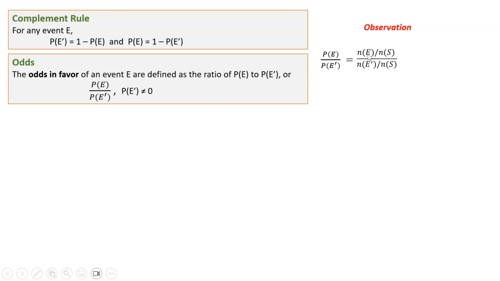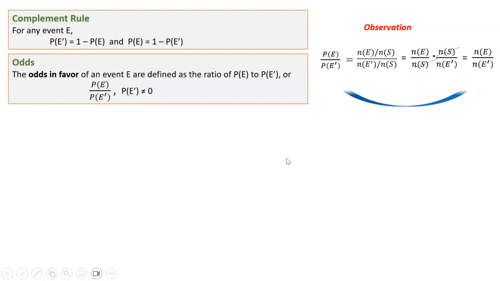If we notice, this is a complex fraction because we have a fraction over a fraction, which means we're going to write the first fraction as it is, and for the second fraction on the denominator, the division becomes multiplication, and we flip the second fraction. If you notice, the N of S cancels, which is equal to 1. So we're left with N of E over the number of the complement of E. That's what the formula is equal to.